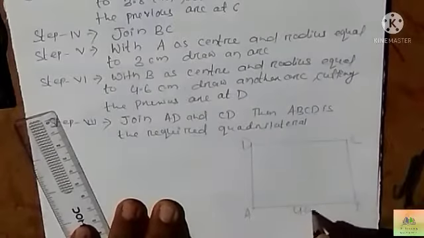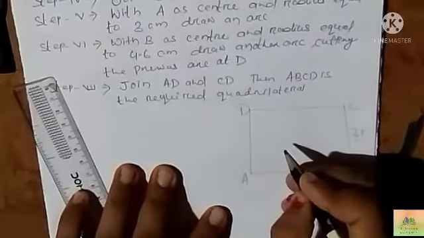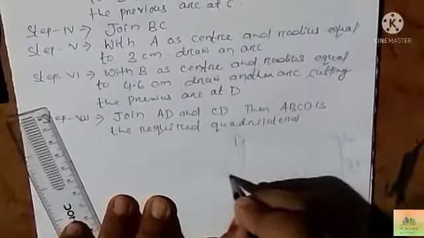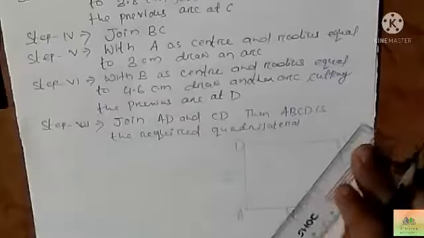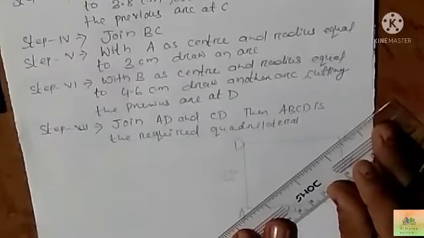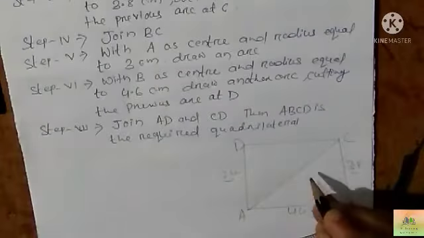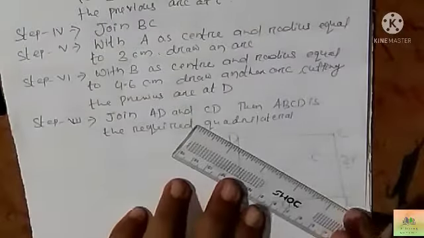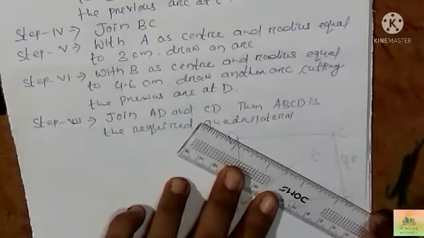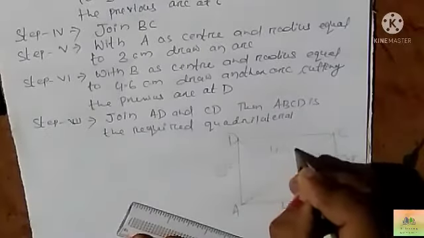AB is equal to 4 cm, BC is equal to 3.8 cm, AD side is equal to 3 cm. Then the AC diagonal is equal to 5 cm. And the BD diagonal is equal to 4.6 cm. We draw the diagonal BD.